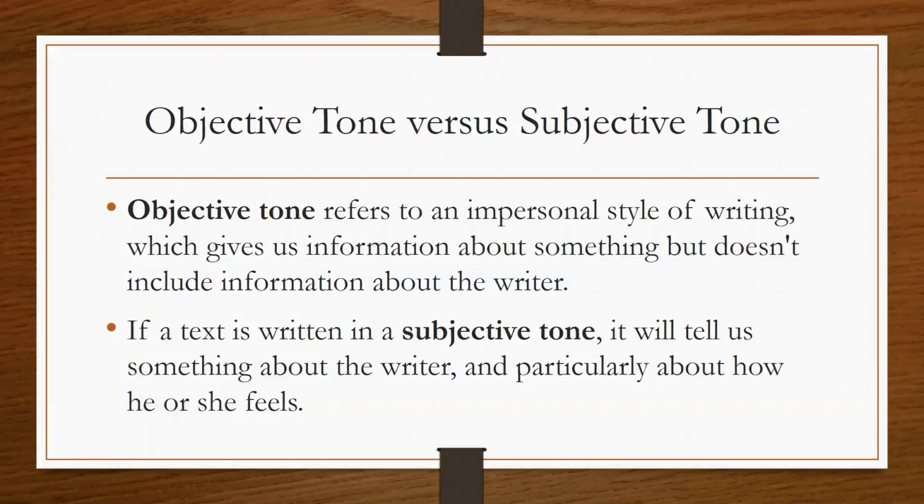And when we use objective tone, we're focusing on giving information to our reader without revealing a whole lot about ourselves. And so in that way, we kind of think about objective tone as maintaining some omniscience. We're kind of floating above as the writer. We're trying not to be center stage. It's not about us. It's not about what we think, what we feel, what we recommend.